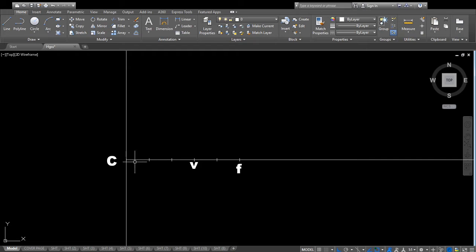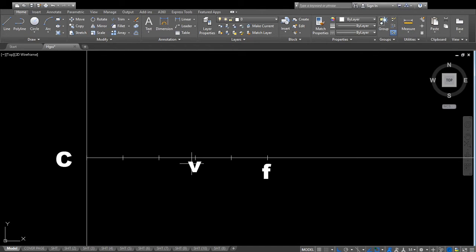So from C to F is 50 mm, and we are dividing it on the ratio of 2 to 3. So this is the ratio, 0, 1, 2 over 3.